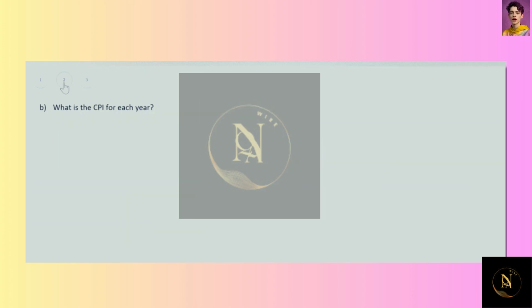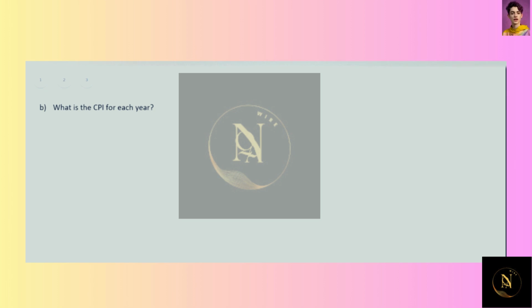For the second question, it's asking what is the consumer price index, the CPI, for each year. The CPI for the base year, you can see where to calculate the CPI is on page 447 of the textbook.